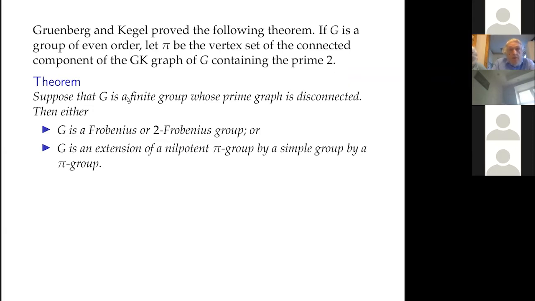So they show that if the graph is disconnected, then G is either a Frobenius or 2-Frobenius group, or an extension of a nilpotent pi group by a simple group by a pi group. So a very restricted structure, and it's possible to use that structure theorem to do quite a lot.